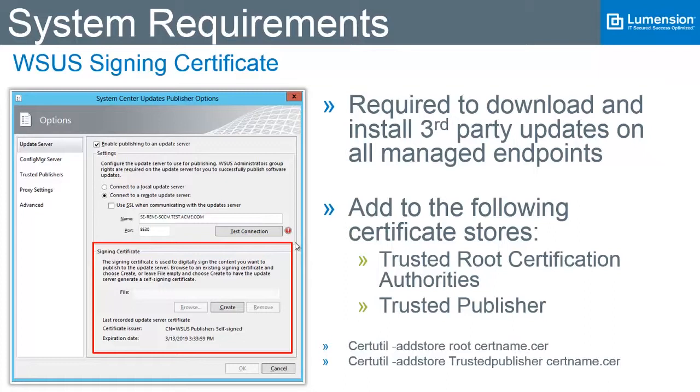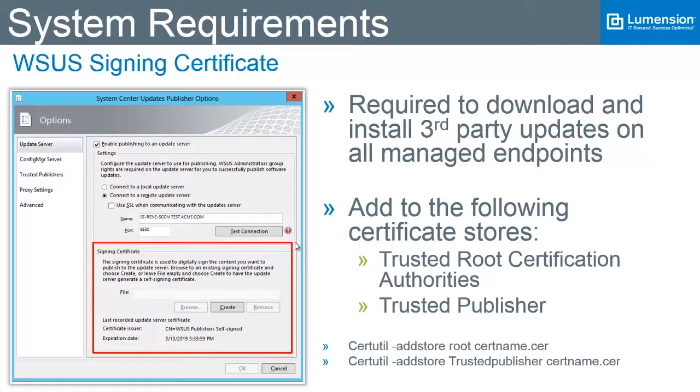In order for those endpoints to be able to detect and install patches delivered by Lumension, each of those endpoints must trust that WSUS self-signing certificate. So you have to manually apply that self-signing certificate into the following certificate stores, which is Trusted Root Certification Authority and Trusted Publisher.